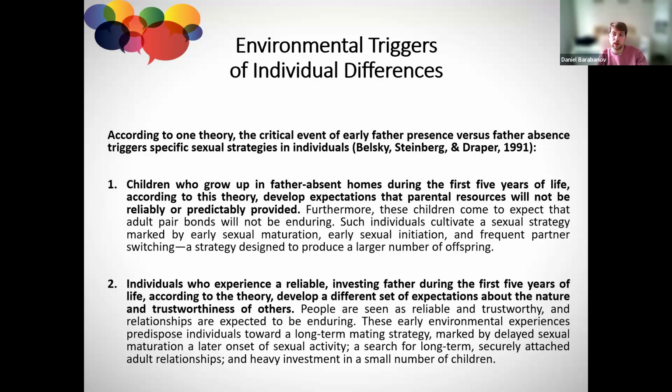So they have a conjecture that children who grow up in father-absent homes during the first years of their life develop expectations that parental resources will not be very reliable and not very predictable.